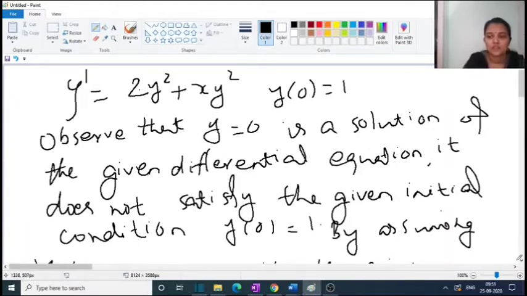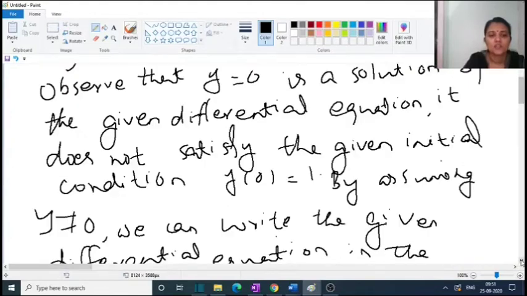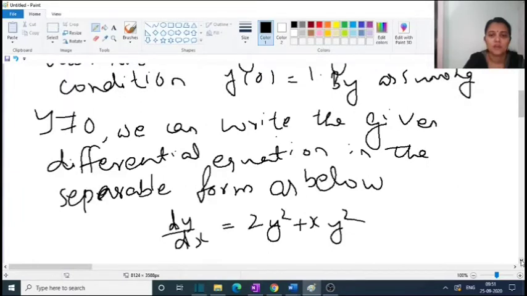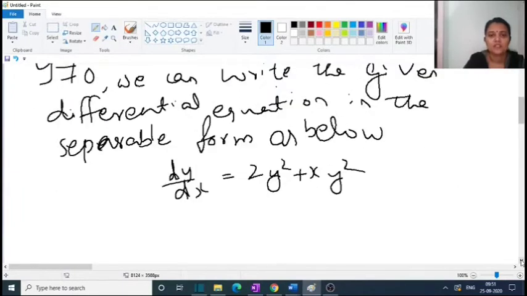So by assuming y not equal to 0, we can write the given differential equation in separable form as below. Instead of y dash, we could write dy by dx is equal to 2y square plus xy square.